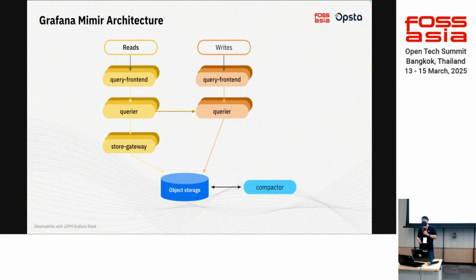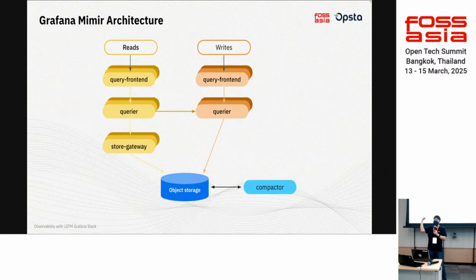And one thing that I love about Mimir is that they separate read and write. It means there are many ways to deploy the Mimir stack, like the standalone, simple architecture, or even the distributed architecture.